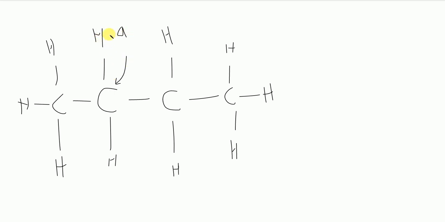How do I know she's not referring to this top carbon versus this bottom one? Well, they're actually the same, right? Even though this has two hydrogens on it, she's just going to refer to them both as HA, depending on what letter she gives, B, whatever, C.